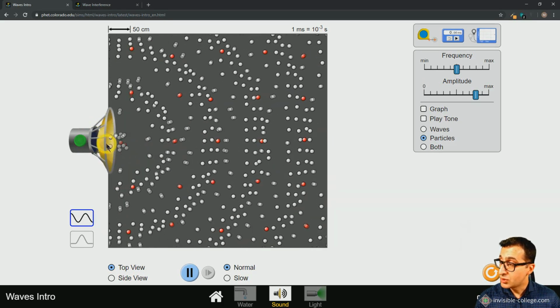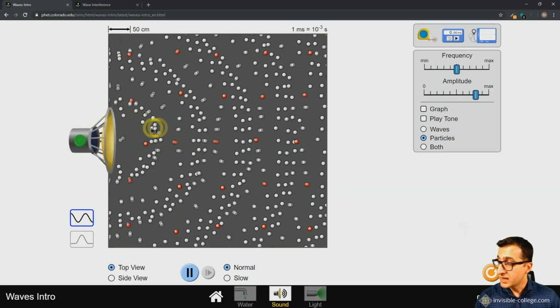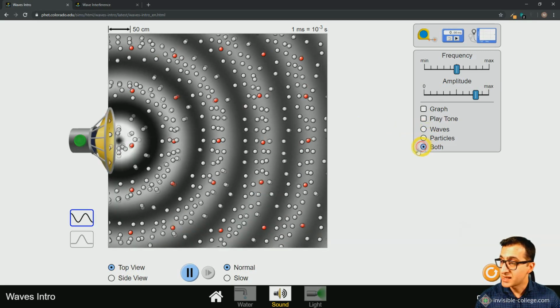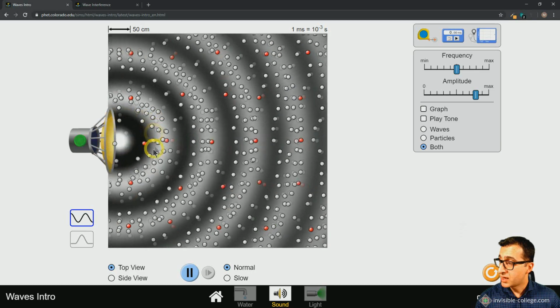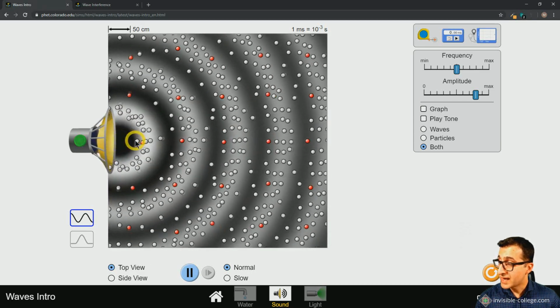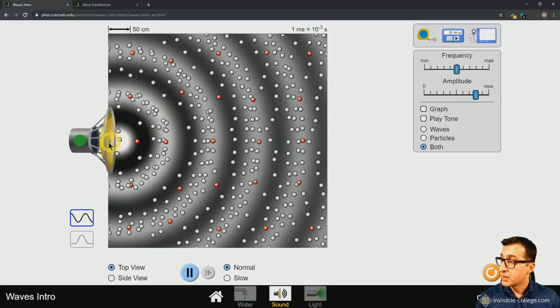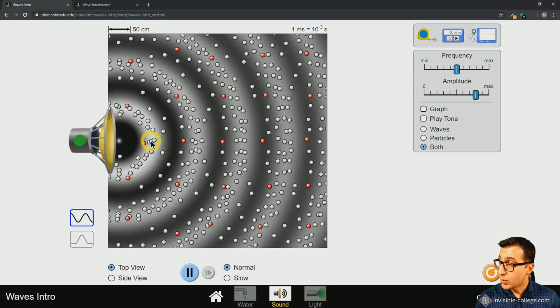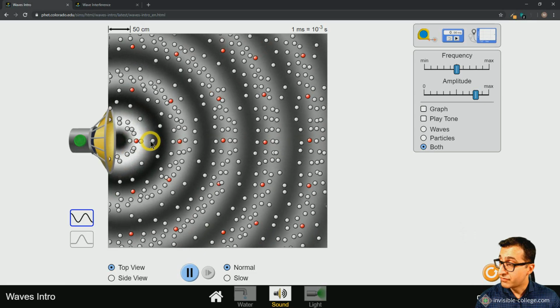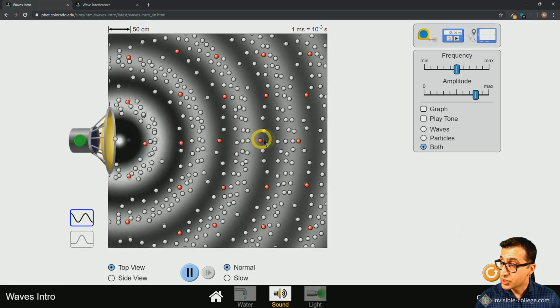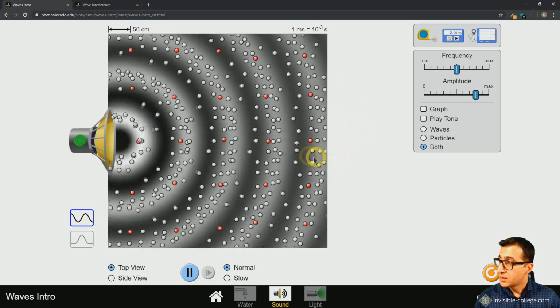So this would be a longitudinal wave, and again, we'll be exploring sound waves in a little bit more depth a bit later on. So if we can see both of those representations of the wave, we can now see how sound waves and other longitudinal waves travel. So again, a longitudinal wave like sound is a wave in which the vibration is parallel to the direction of energy transfer.